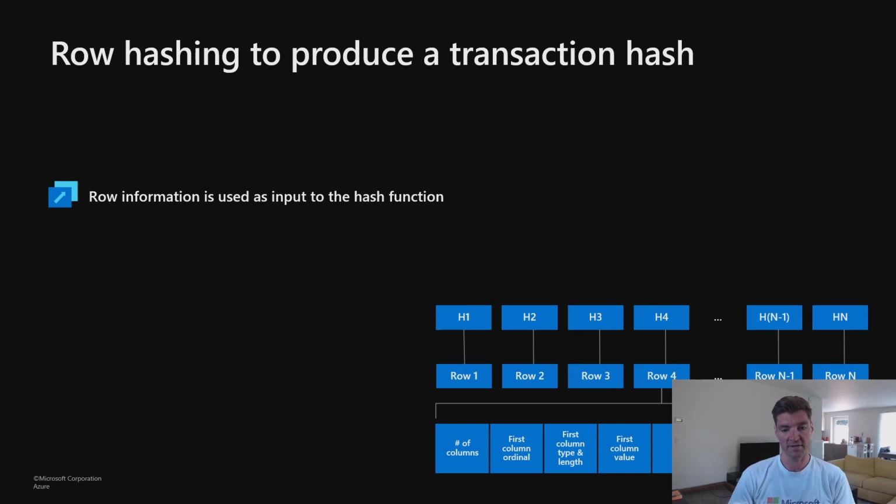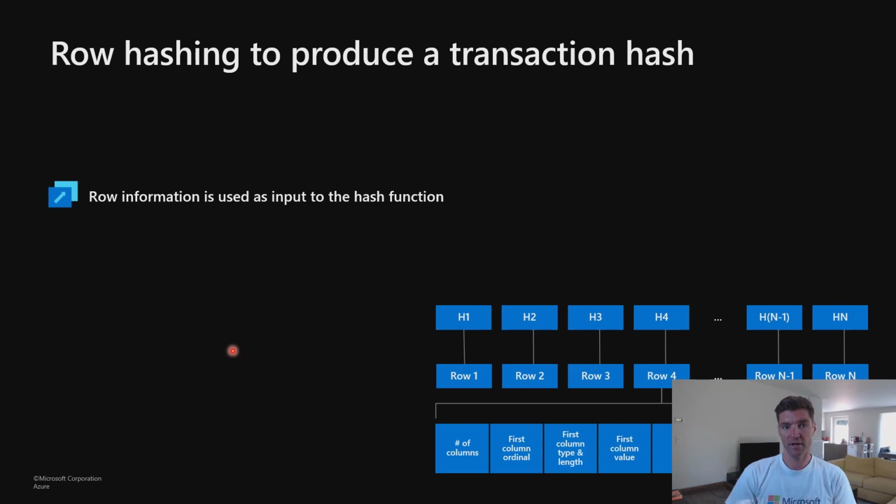So what we're doing is the input of the hashing function is really the row information, like the number of columns, the first column, the length of the column, the type of the column, and so on. And that information is then hashed together. So we have row 1, row 2, and so on, all the rows in a specific transaction. And these are hashed together, like hash 1, hash 2, hash 3, and so on.